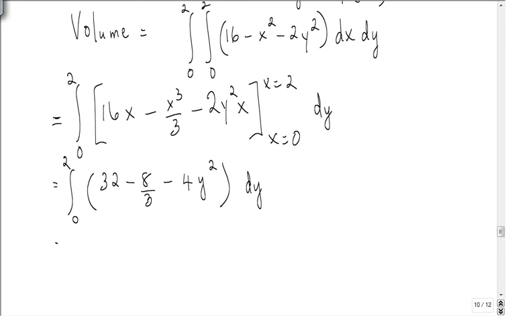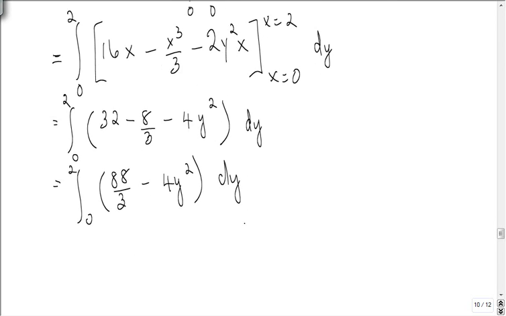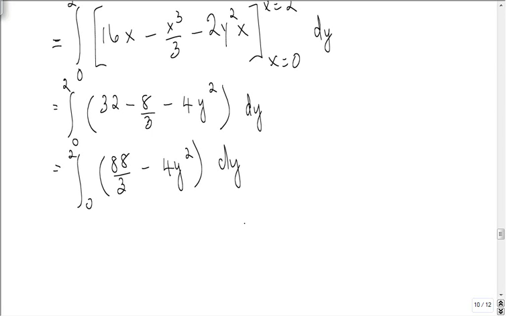Okay, we need to simplify this. 32 minus 8 over 3, that's 96 minus 8, which is 88 over 3, minus 4y squared dy. Any questions so far?